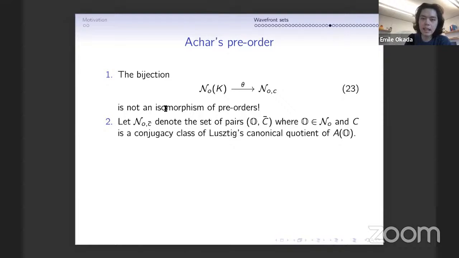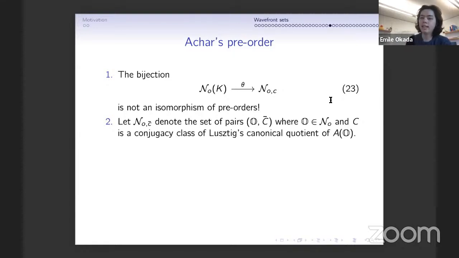And to see this, this was again work done by Achar. We let NOC bar denote the set of all pairs (O, C bar), where O is a complex nilpotent orbit, and C bar is a conjugacy class of Lusztig's canonical quotient of the component group. And this is in the sense of Sommers again. So Lusztig only defined the canonical quotient for special orbits and adjoint type.